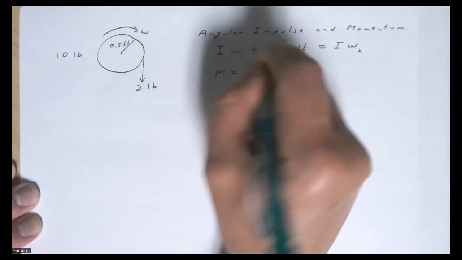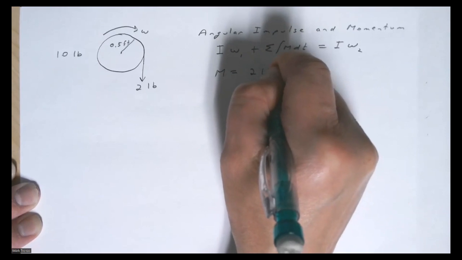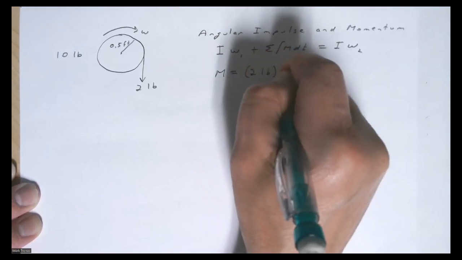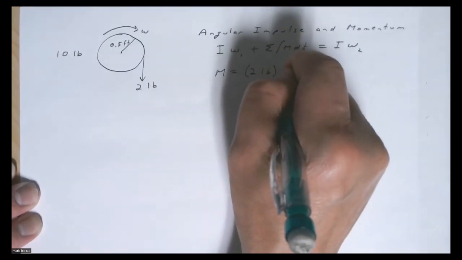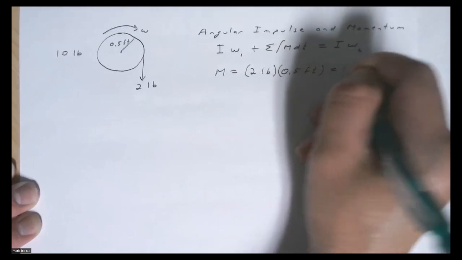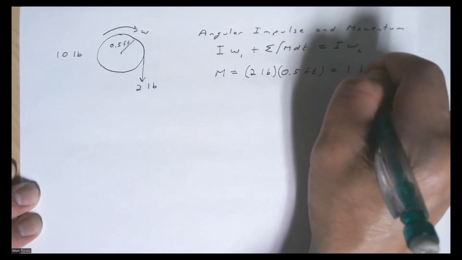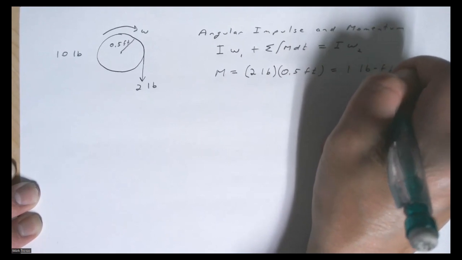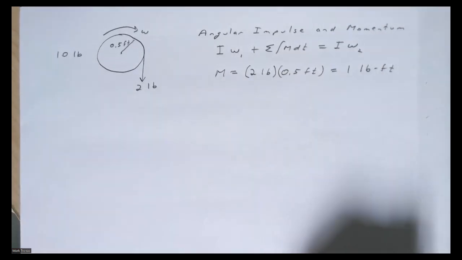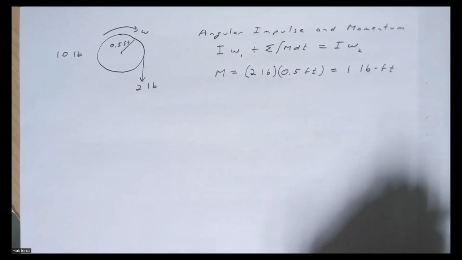That's going to be 2 pounds times 0.5, and so the moment looks like it's going to be 1 pound-foot like this. And we want to know what's going to happen after 4 seconds.